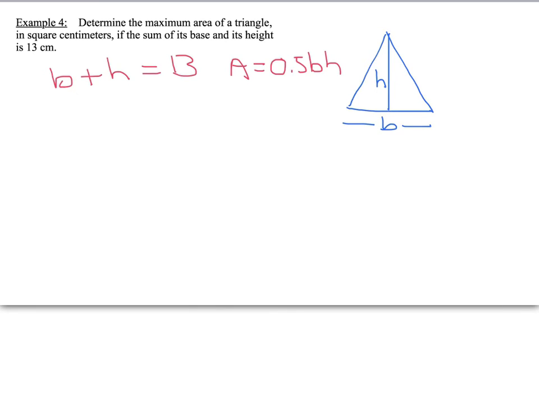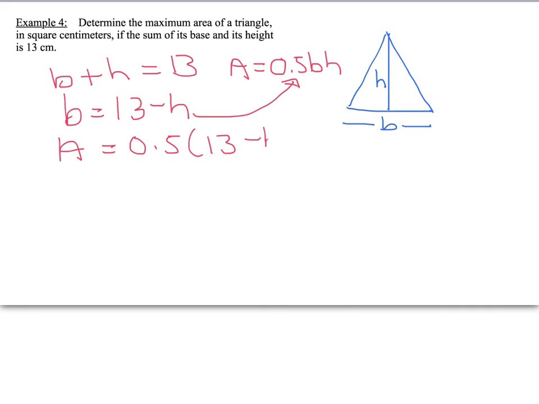Okay, we can either isolate the base or the height in this first equation here, so let's just go ahead and write that the base would be equal to 13 minus the height. We're going to replace the base with this in our area formula. So 0.5 times the base times the height.